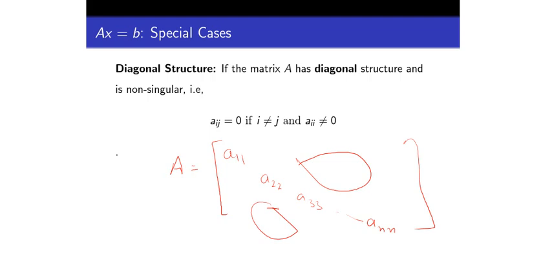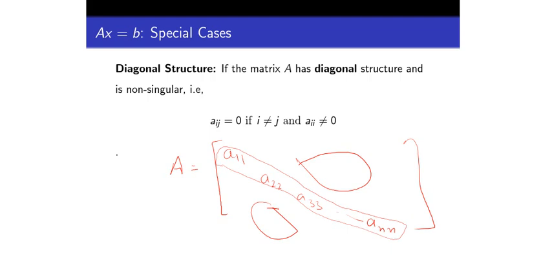And assume that the aii are non-zero. That is required because we are assuming the matrix is non-singular, and you know the determinant of a diagonal matrix is the product of the diagonal entries, a11 into ann. So none of them should be zero. That is the only way to preserve non-singularity of the matrix.